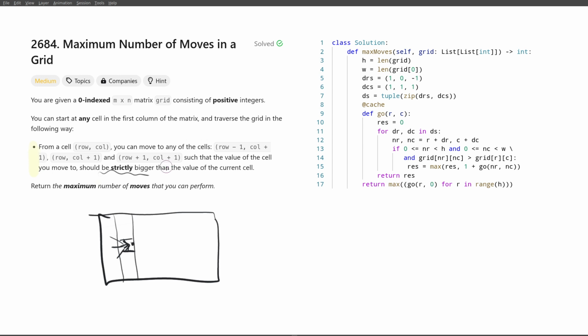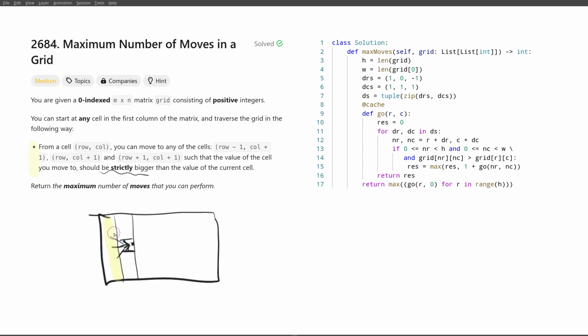In particular, we can just start at every position in our first column, because those are the starting positions, and we can look at every possible move. We take the result that we can get starting at the position for that available move, and take the maximum of those to be our result.